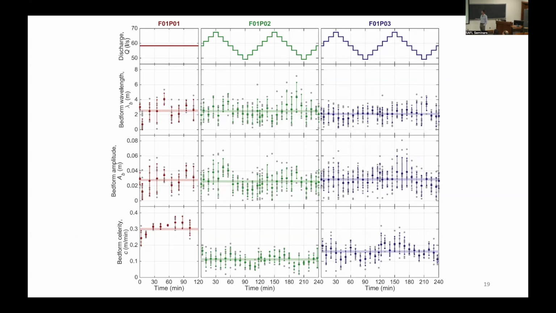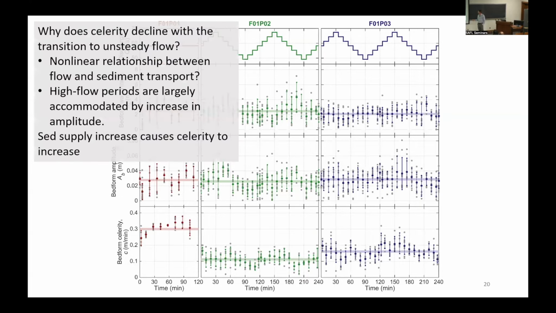As the discharge goes up, the bed forms get taller. As the discharge goes down, they get smaller, and the overall speed declines. Then when we double the sediment supply, the speed goes up a little bit, but the amplitude still more or less tracks with the discharge.